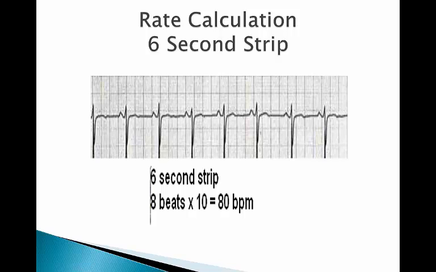If it's a 6-second strip, you count the number of QRSs or spikes on that strip, 1, 2, 3, 4, 5, 6, 7, 8, and then multiply times 10, because there are 10 6-second intervals in a minute. So 1, 2, 3, 4, 5, 6, 7, 8, times 10 is 80 beats per minute. And there you go. Now you can figure out any 6-second strip and figure out how fast the patient's heart rate is.